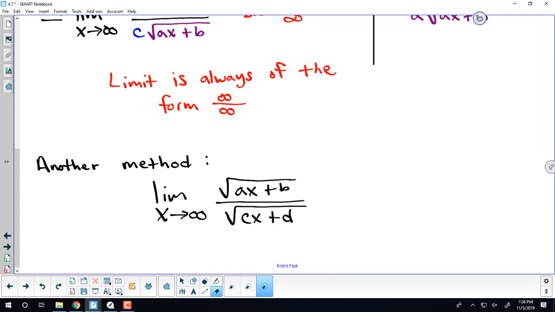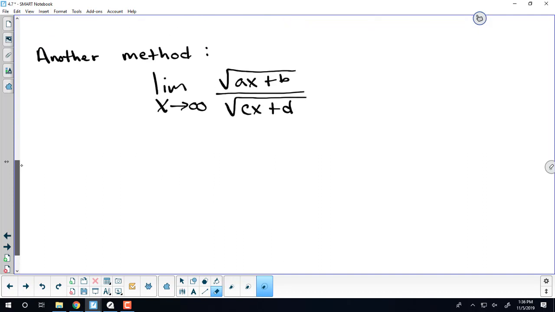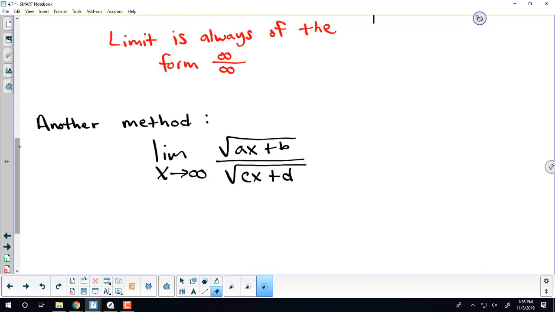So what's another method we could use to compute that limit? Do what? So like if we squared this whole thing, we wouldn't be dealing with the function itself, right?